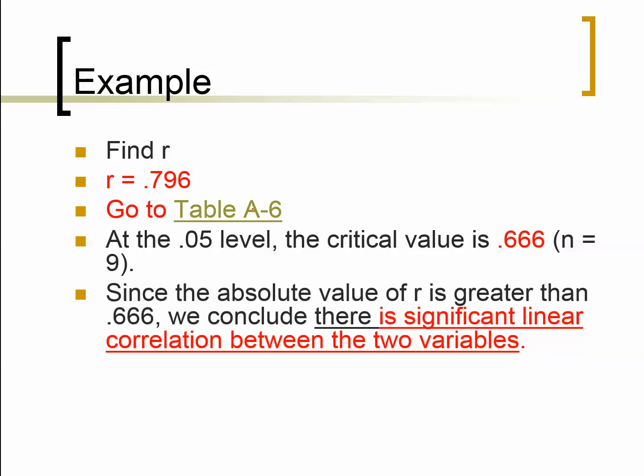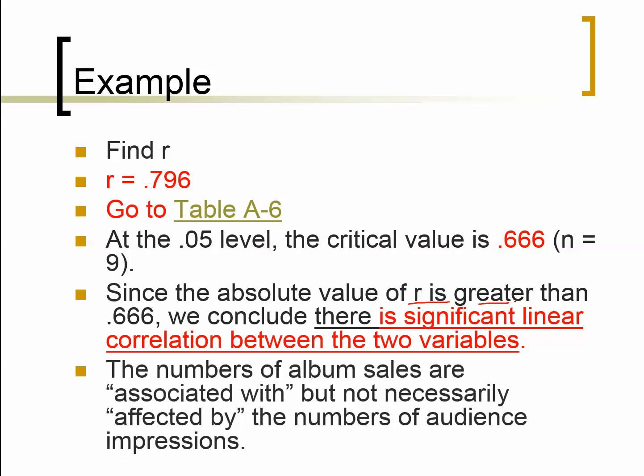So if we compare 0.796 to 0.666, we'll see that the absolute value of R is greater than 0.666. So we can conclude that there is a significant linear correlation between the two variables. The numbers of album sales are associated with, but not necessarily affected by, the numbers of audience impressions.